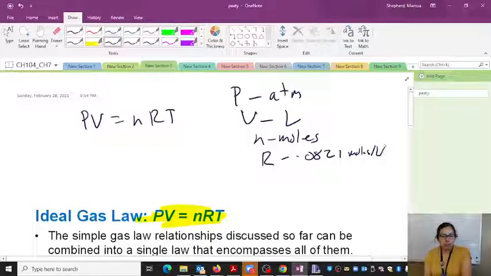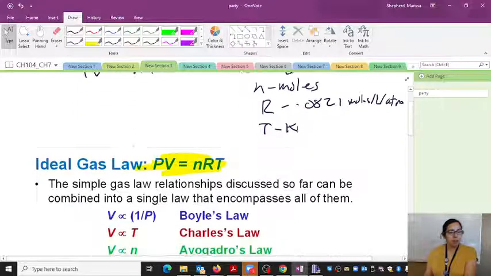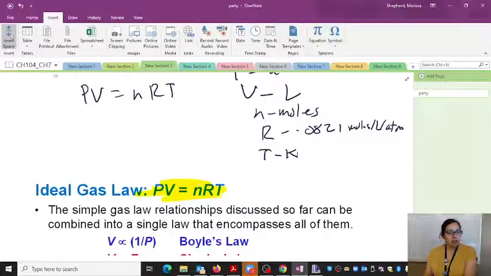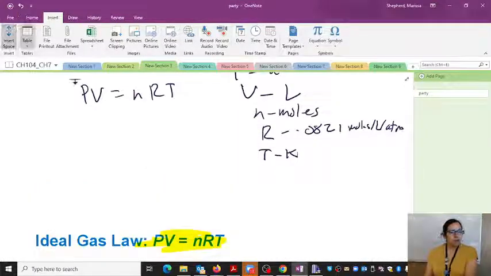Because if you were to look it up, you could look up gas constant, and there's a whole bunch of different gas constants depending on your unit. So you want this one, again, 0.0821, and then temperature in Kelvin. And so let's do a little derivation, how we can get our formula out.